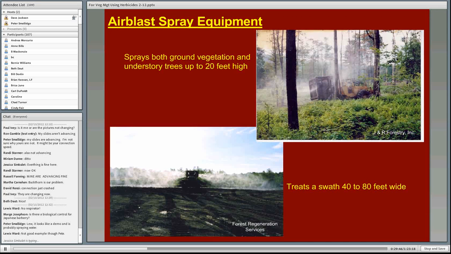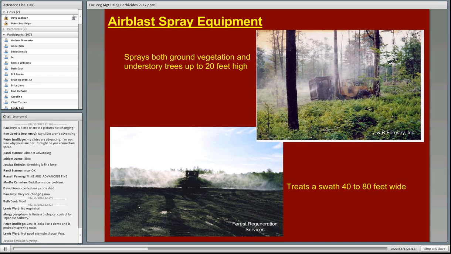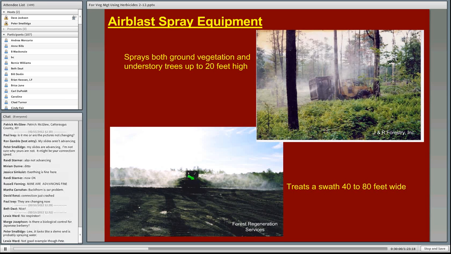So here's a couple images showing you the air blast sprayer. If you look here, you can see the mist coming out here, and they'll have nozzles that spray down directly behind it as well, but they can treat swaths from 40 to 80 feet wide depending on the density of the vegetation in the understory, and up to 20 feet high.